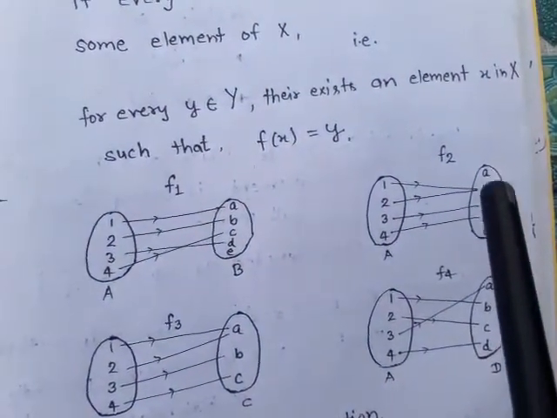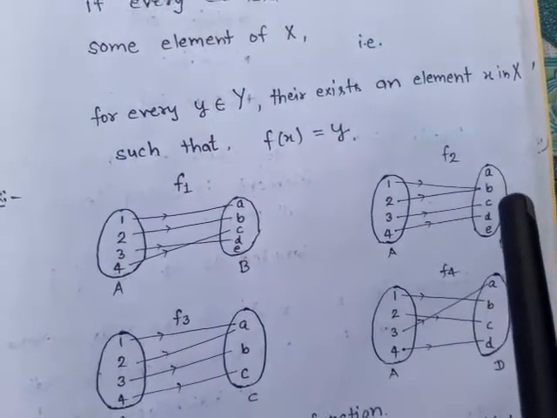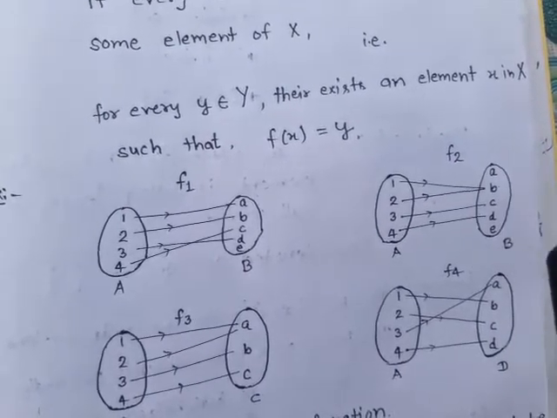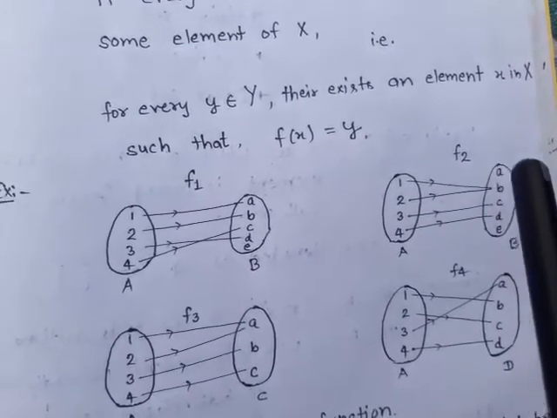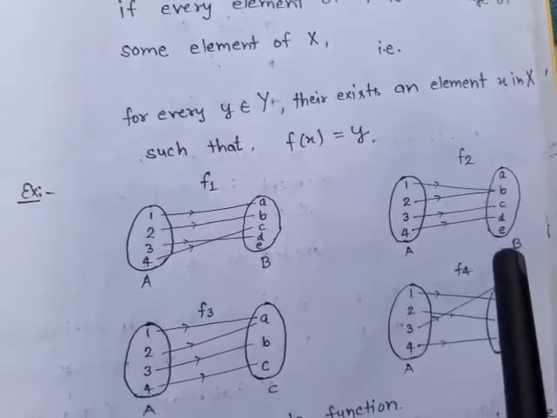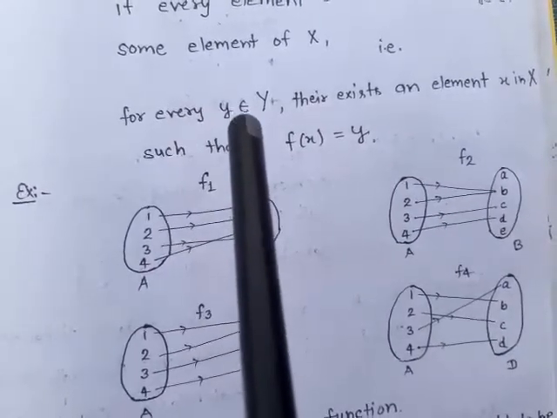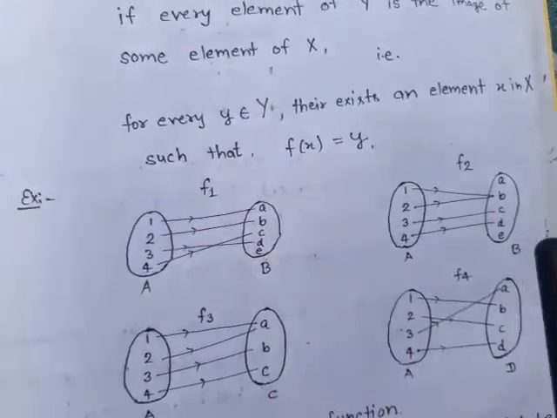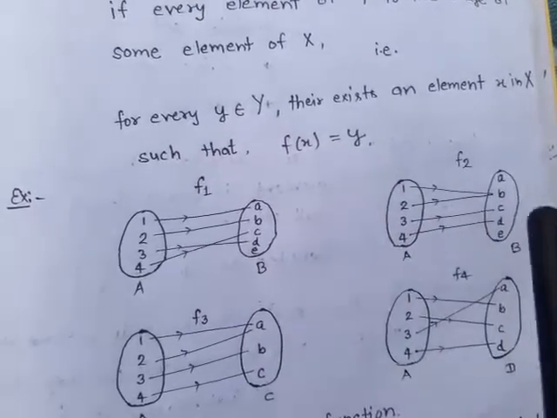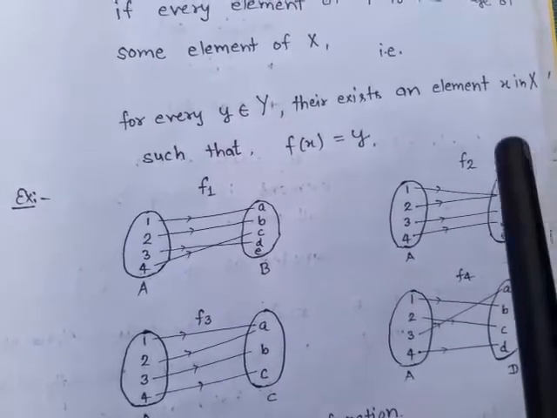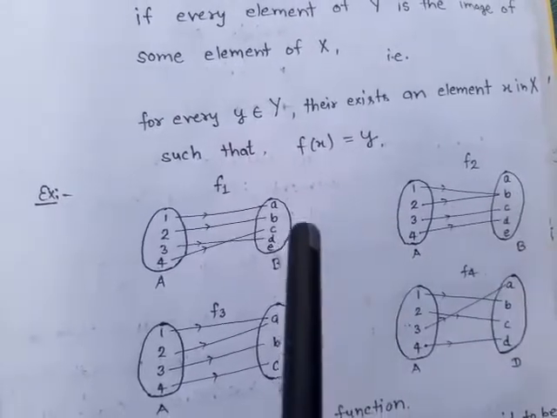Here in Y there are 5 elements A, B, C, D, E. Here A and E are free, so not every element of Y is an image of some element of X. So this is not onto. This is also not onto.